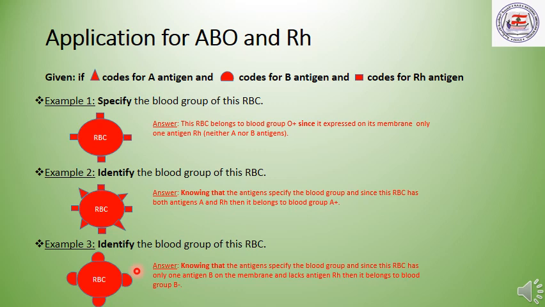In example 3, the question is, identify the blood group of this red blood cell. The answer is, knowing that the antigens specify the blood group, and since this red blood cell has only one antigen, B, on its membrane and lacks the antigen Rh, then it belongs to blood group B negative.